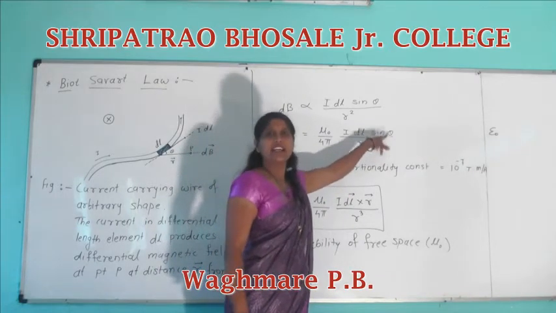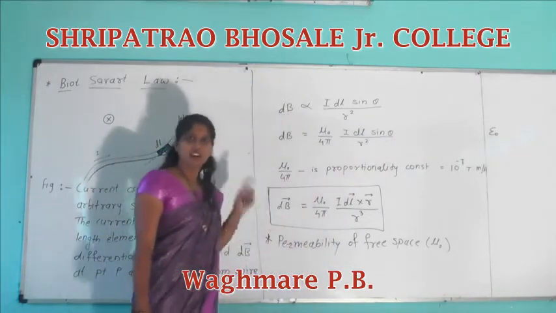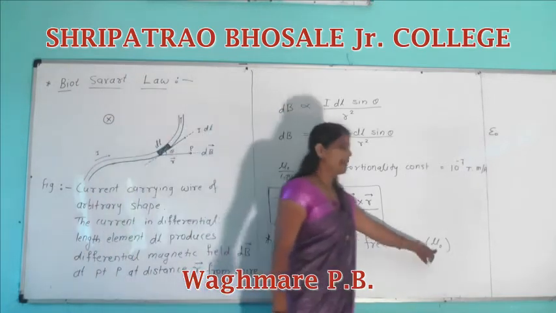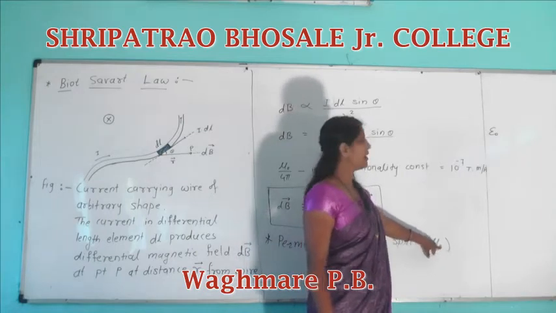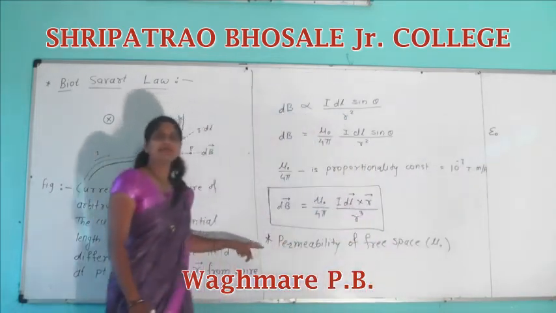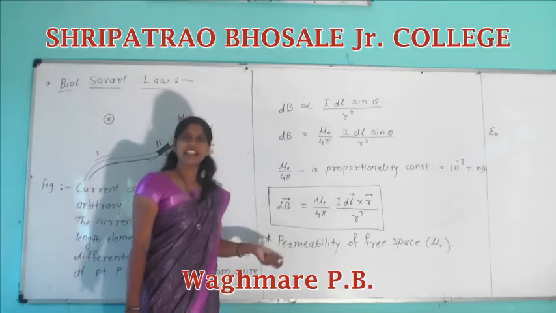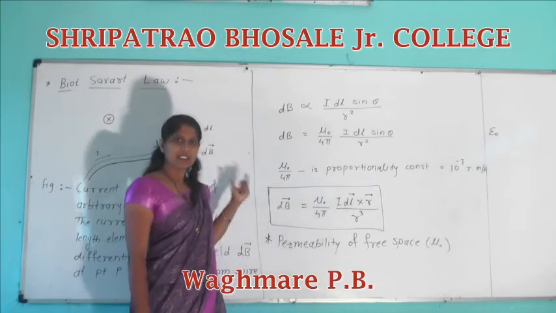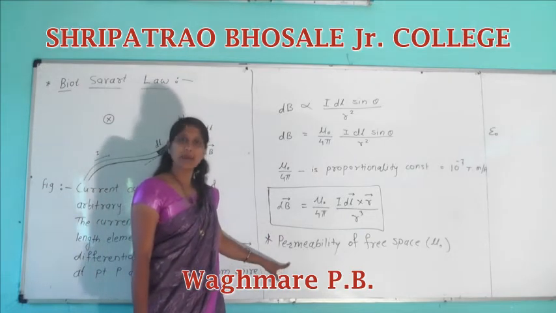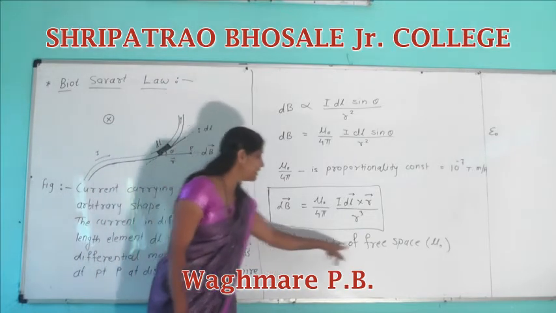Epsilon naught is the permittivity of free space in electrostatics. This mu naught is a similar quantity to epsilon naught. That is, epsilon naught is the permittivity of free space, and mu naught is the permeability of free space.